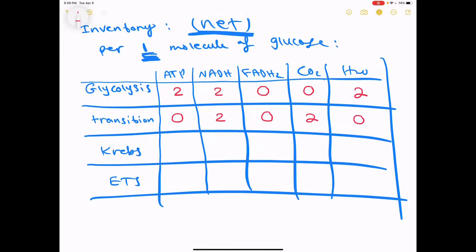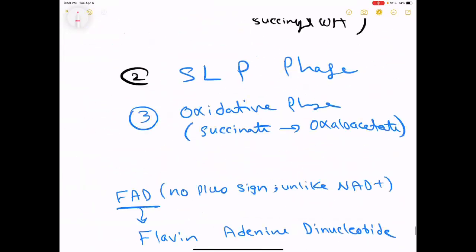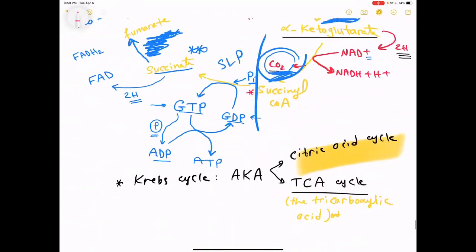Krebs cycle. Remember again, the Krebs cycle is being fired twice. I said net per 1 glucose, so you have 2 adenosine triphosphate here, but that cycle is being fired twice.